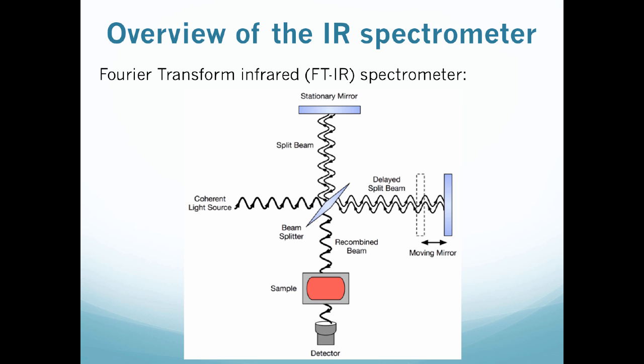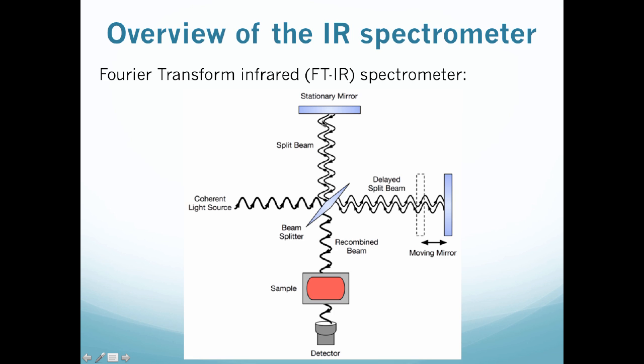And what happens here is this light source actually first goes through a beam splitter, and the light beam is split and goes to a stationary mirror as well as a moving mirror.